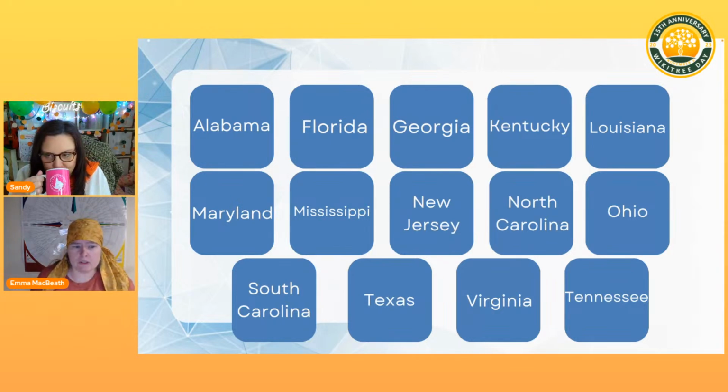Ohio was our first non-slave state, and I'm very excited about New Jersey being added on because they're kind of in the middle of all of that. And we did the 1880 sprint for the Western states last week, and so we're really starting to branch out now to the 50 states.